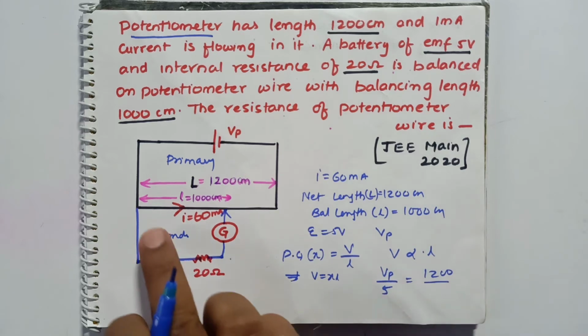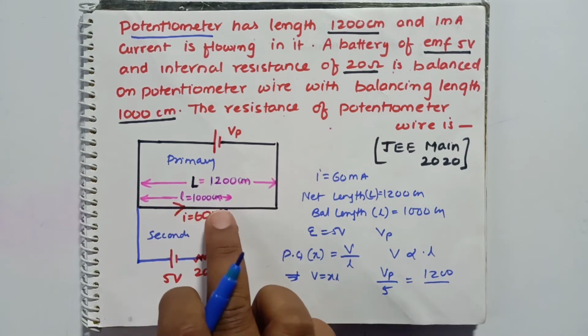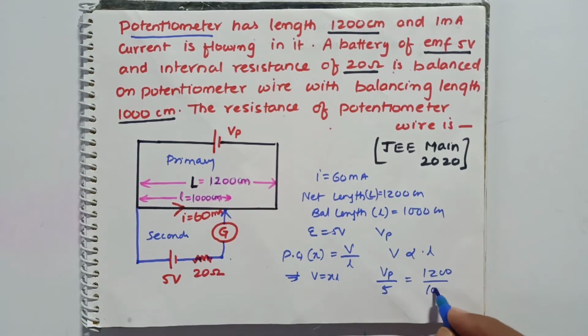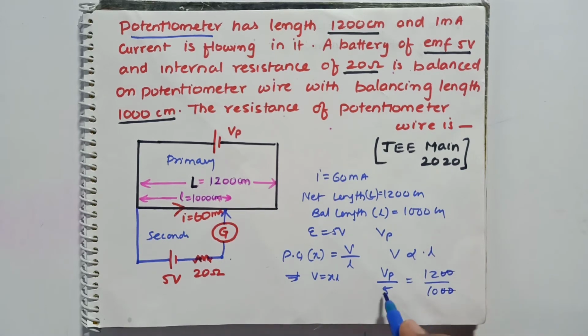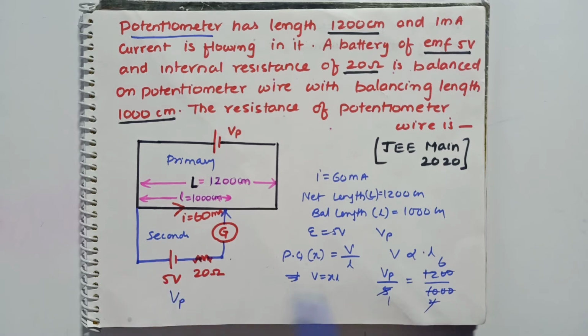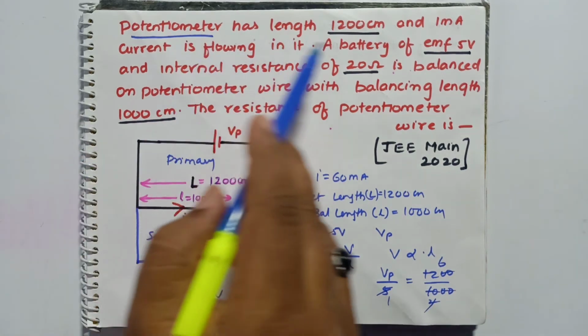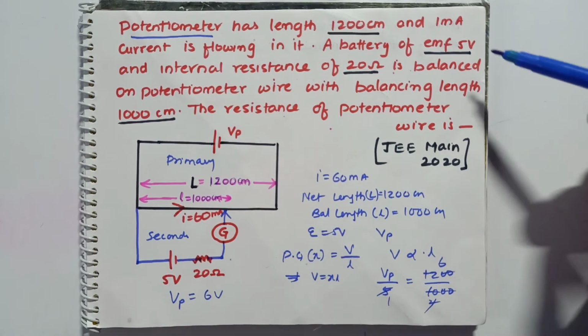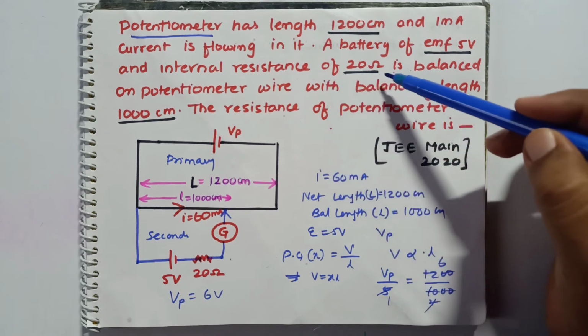The 100s cancel, then 5 ones are 5, 5 twos are 10, giving 6. So the balancing potential of the primary cell is 6 volts.